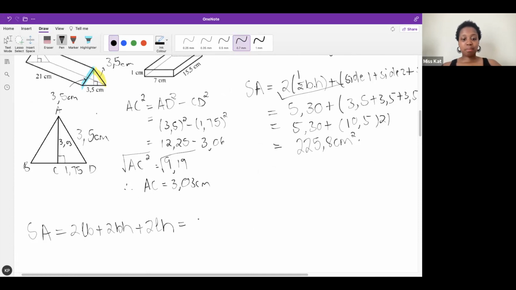Now, if we look at our dimensions, it's going to be 2, 7 times 1 plus 2, 15,5 times 1 plus 2, 7 times 15,5.